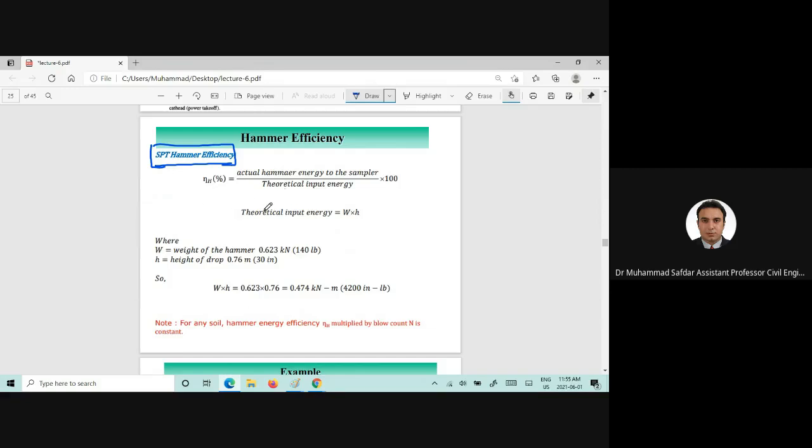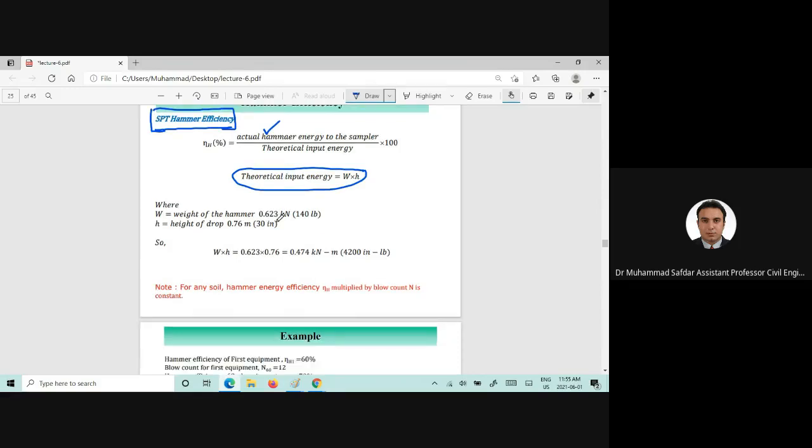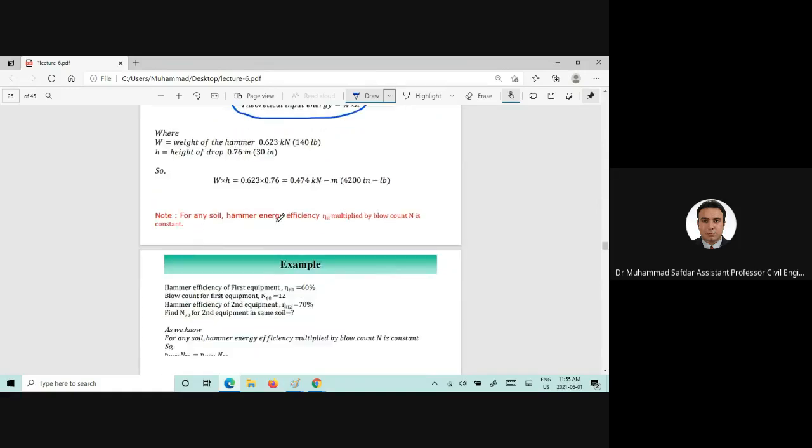For example, if we are given the theoretical input energy, which we can simply calculate using this equation, and if we compare with the hammer energy which is transmitted to the sampler, there will definitely be losses in the theoretical and actual hammer efficiency, and we need to account for that, and we can use a table for that correction.